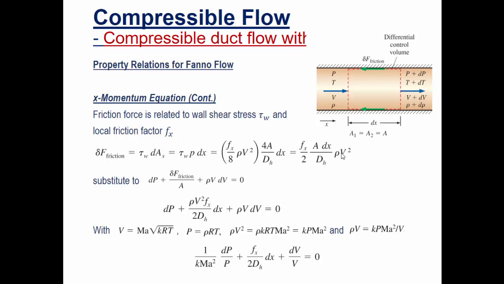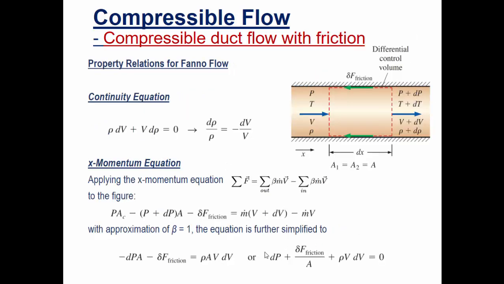And when we rearrange and simplify the equation further, we have another equation, which is fx divided by 2 times A dx divided by dh times rho v square, and we substitute the final term into the earlier term that we have here.